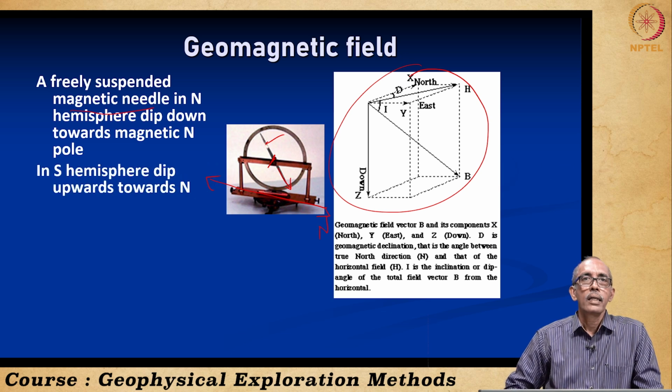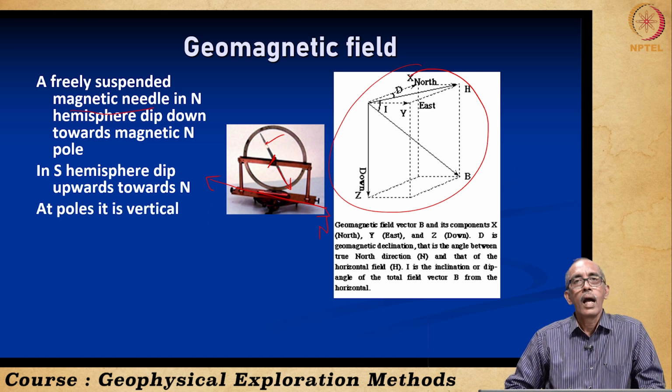And in the southern hemisphere, it will dip upwards. In the northern hemisphere, the needle will dip downwards towards the north, whereas in the southern hemisphere, the needle will dip upwards towards the north.